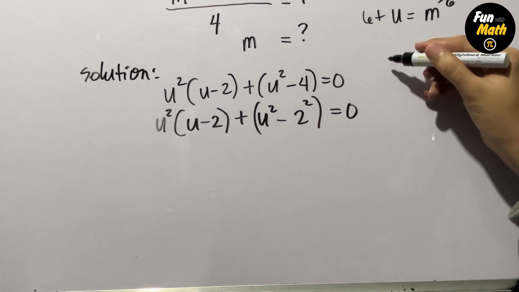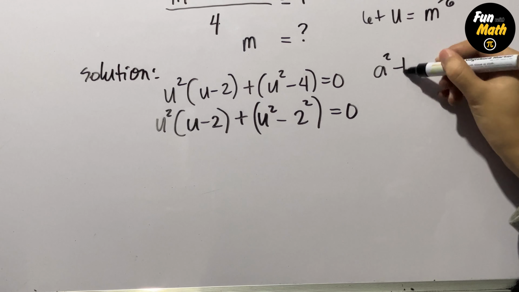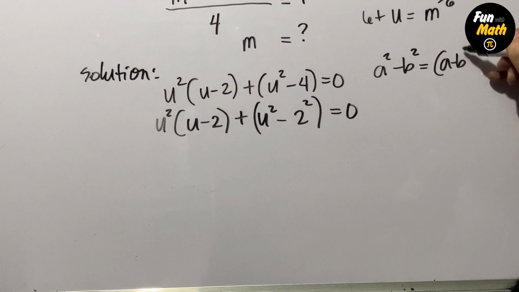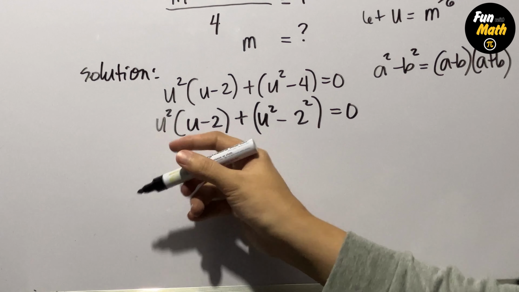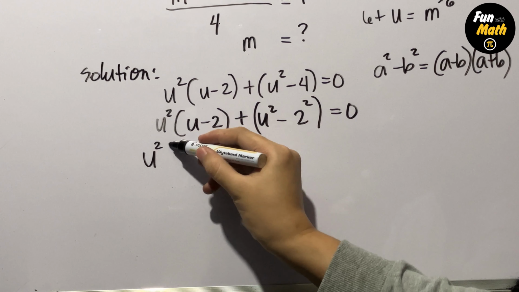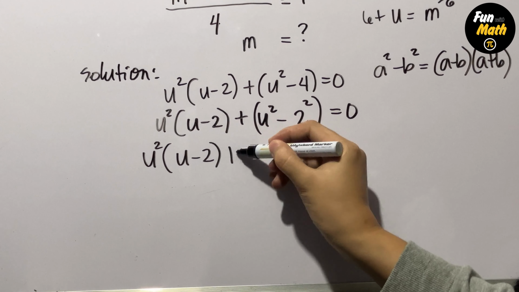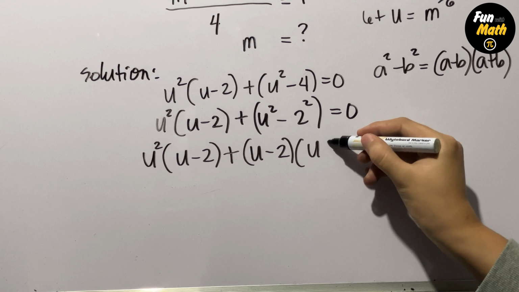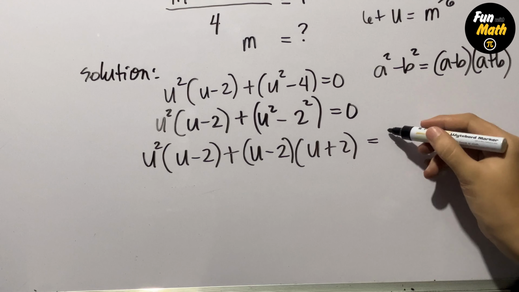We have the identity a squared minus b squared, which is equal to (a minus b) times (a plus b). So this is now u squared times (u minus 2) plus (u minus 2) times (u plus 2) equals 0.